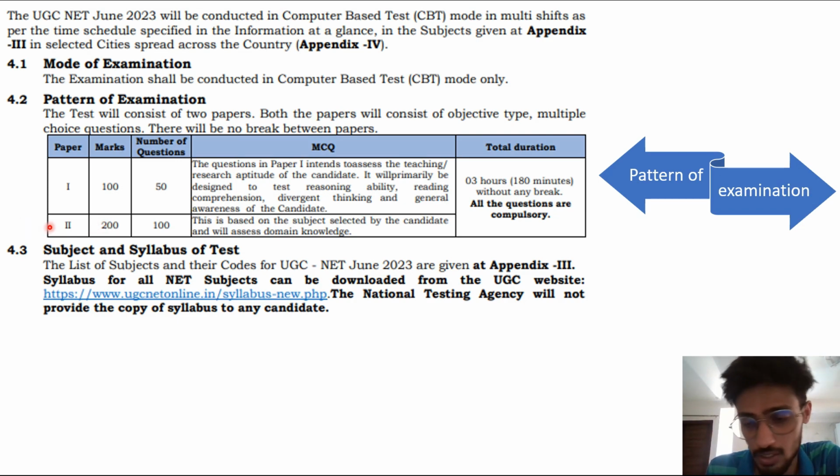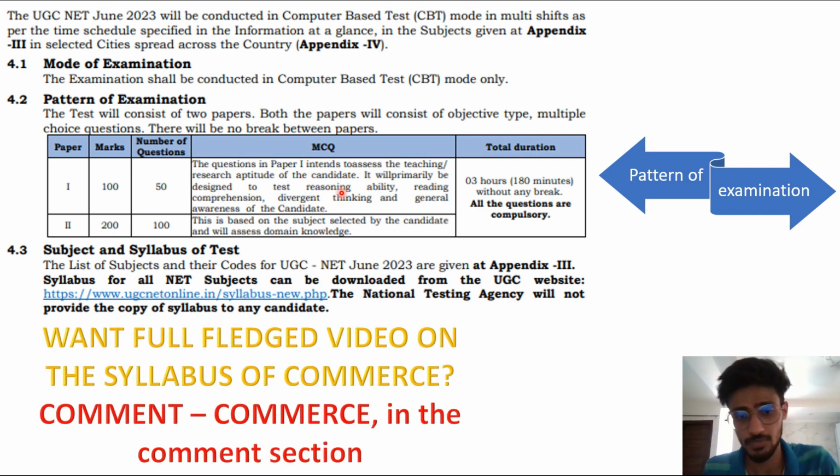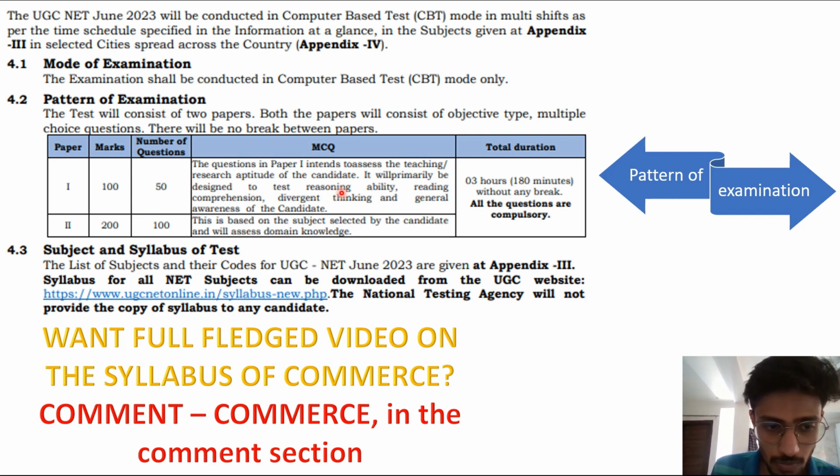So paper 2 is of commerce and paper 1 is static. The paper 1 syllabus consists of reasoning, comprehension and maths, DI, teaching aptitude, etc. If you want a syllabus video, then comment down below. I'll make a full dedicated video on the syllabus of commerce.